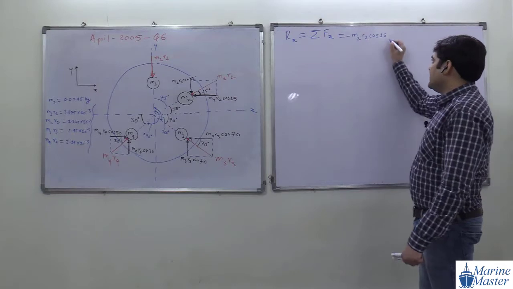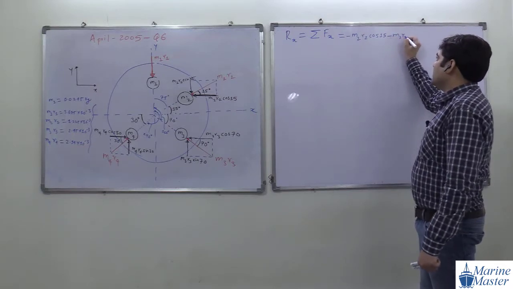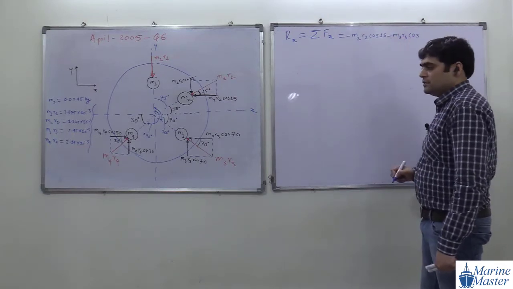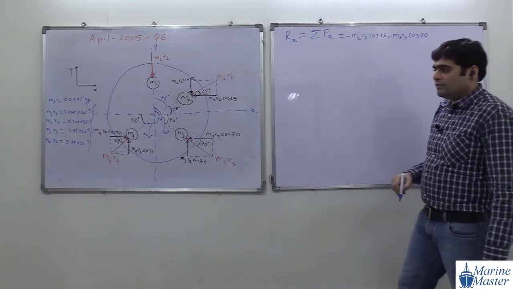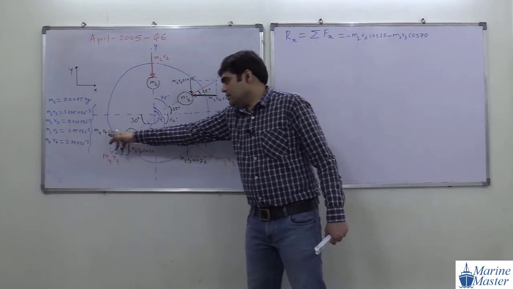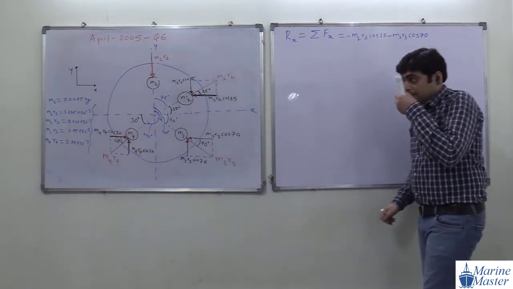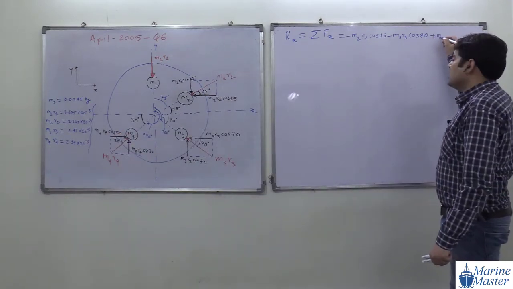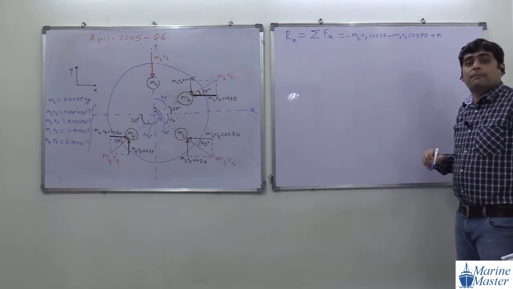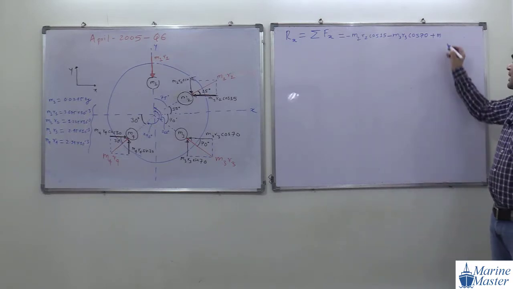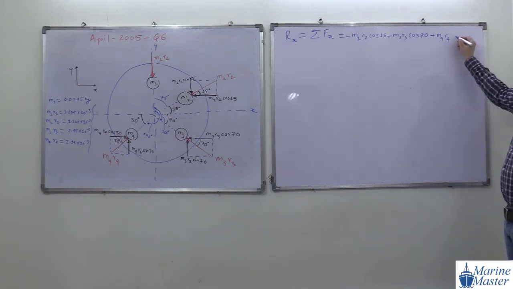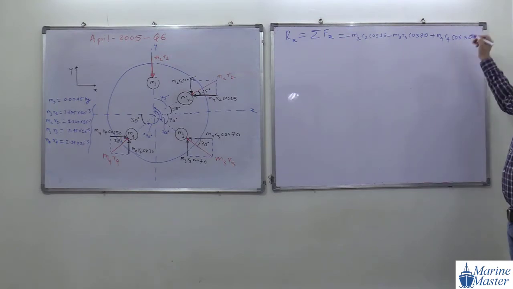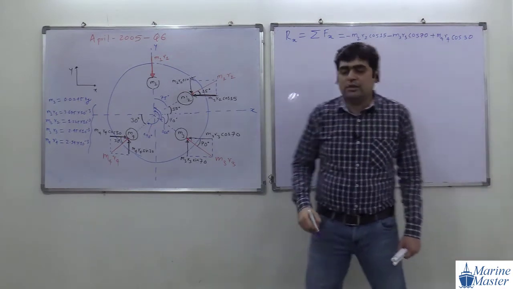Minus, M3 R3 cos 70. And then our final one, M4 R4, plus or minus? Plus. Okay, good, very good. Plus M4 R4 cos 30. Okay, good, very good. So now we are going to put the values.